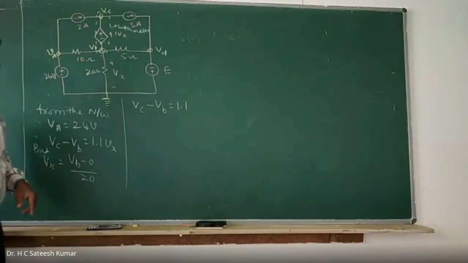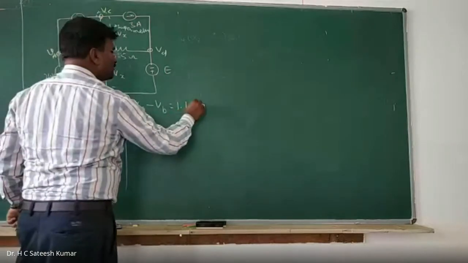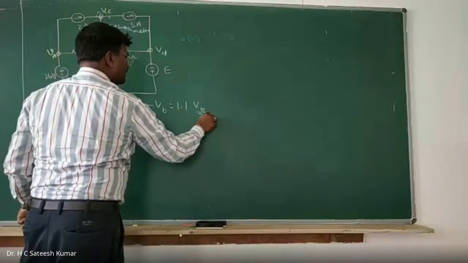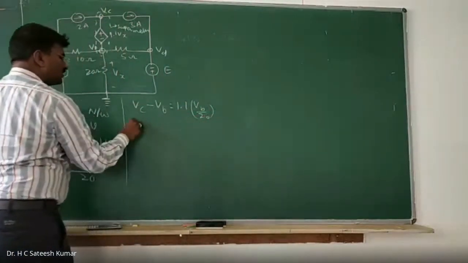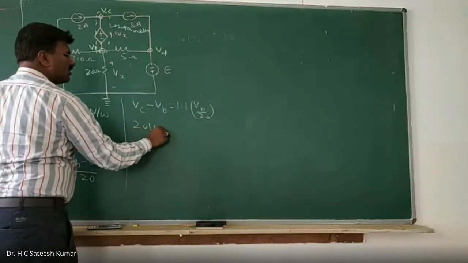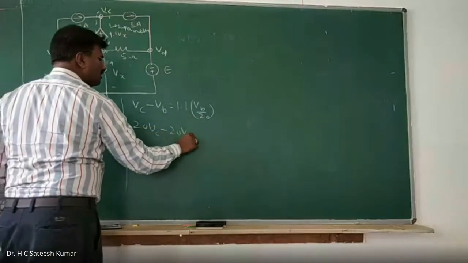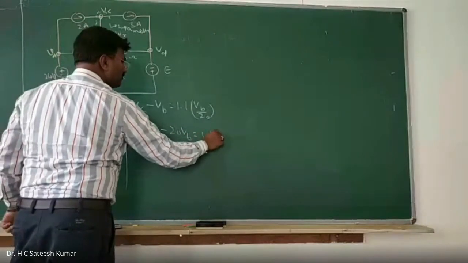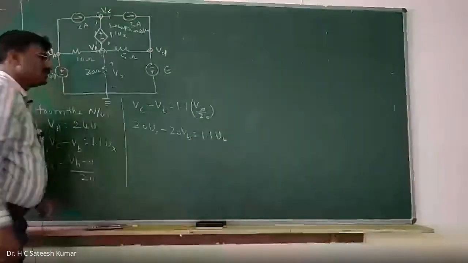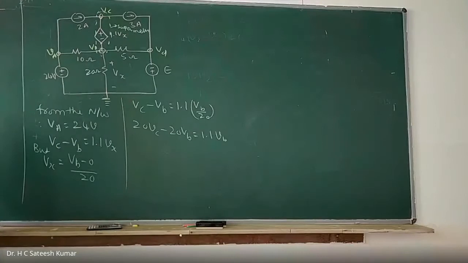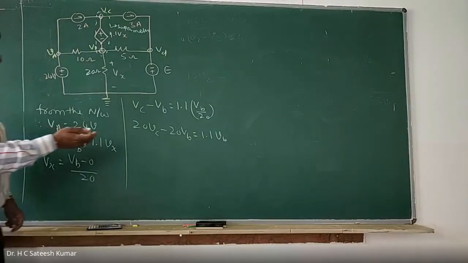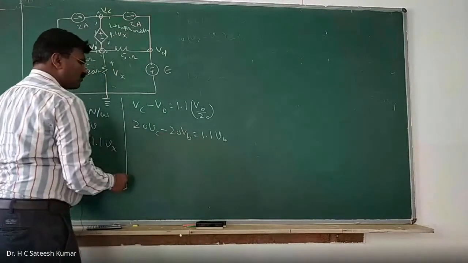Vx is nothing but VB by 20. Cross multiplied, 20 VC minus 20 VB is equal to 1.1 VB. Transfer to the left hand side.